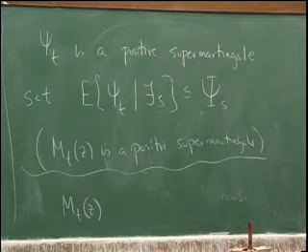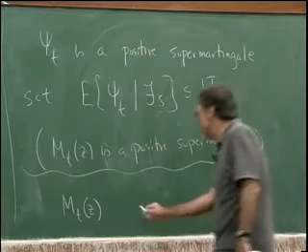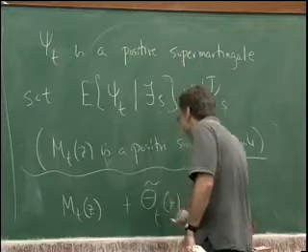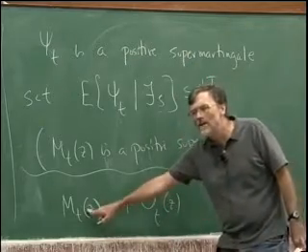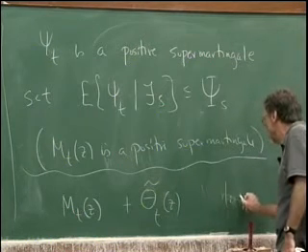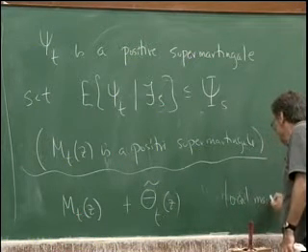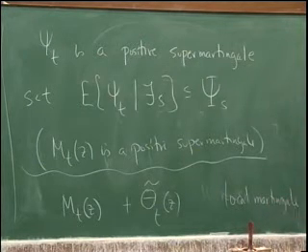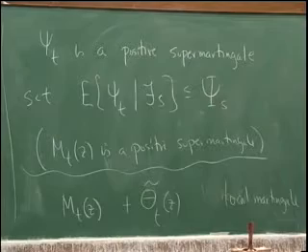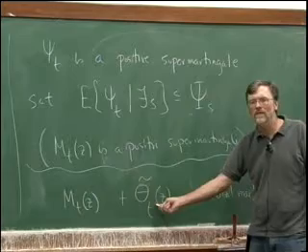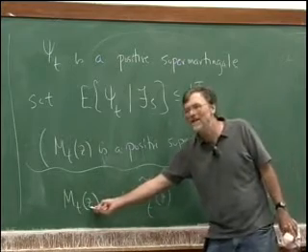The Doob-Meyer theorem, or a version of it, basically tells me that I can add a process to this. Let me call it theta tilde t of z, just to get a name. This is a positive supermartingale, and I can add a process to it that will make it a local martingale. That statement is absolutely correct. However, in that case, this process is 0, because this already is a local martingale.